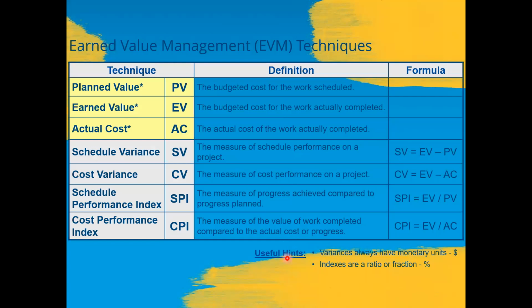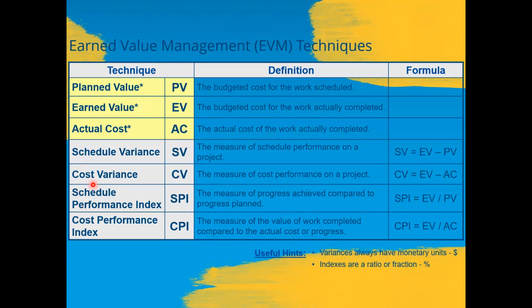This slide shows the earned value management techniques. We have the planned value, PV, which is the budgeted cost for the work scheduled. Earned value, EV, is the budgeted cost for the work actually completed. Actual cost is represented as AC, and this is the actual cost of the work actually completed.